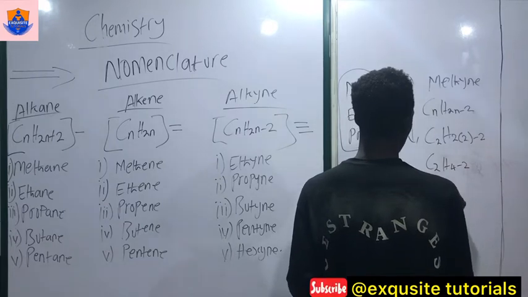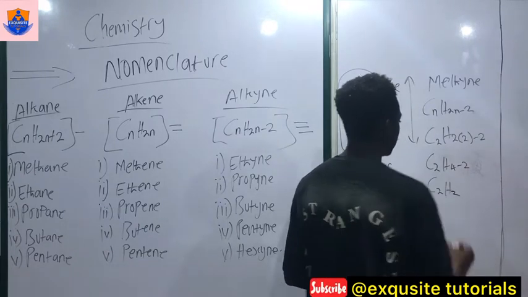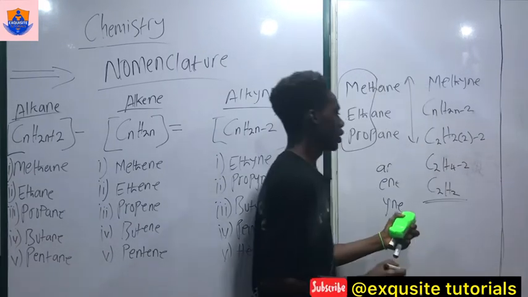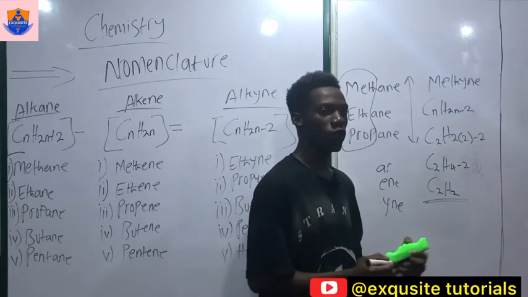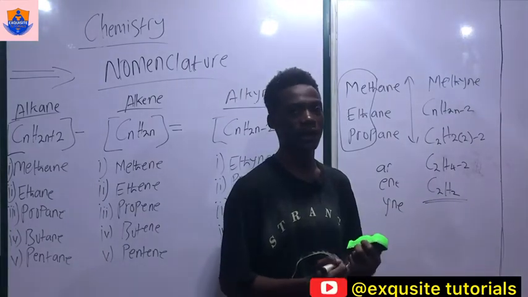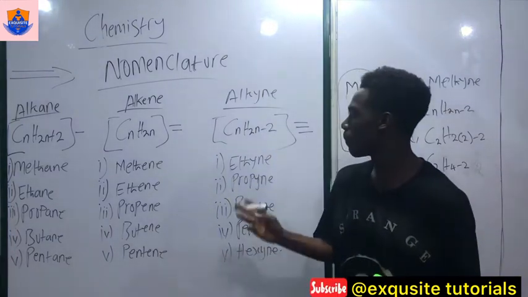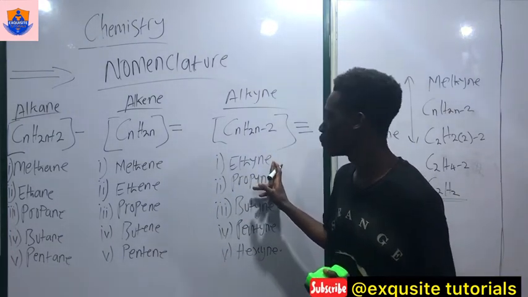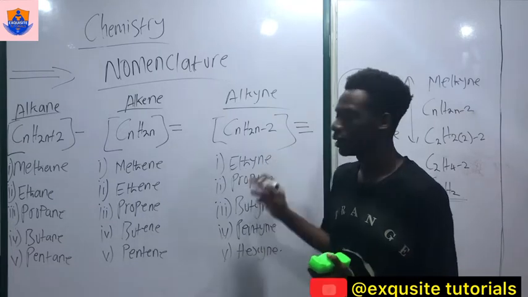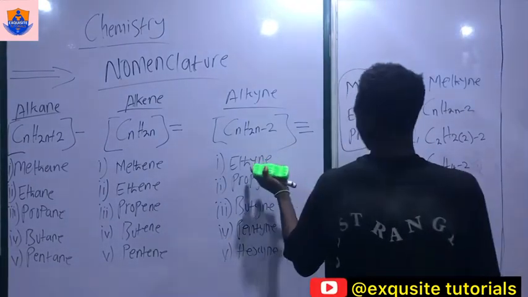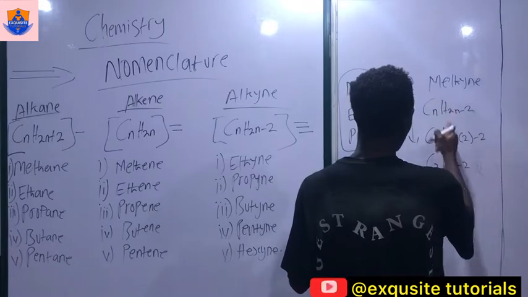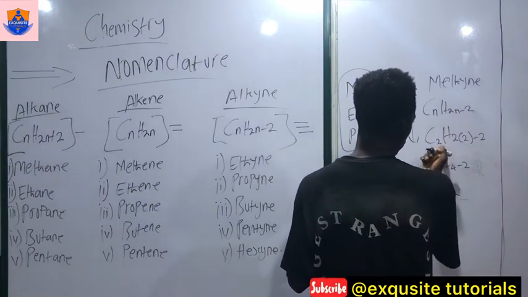We have C2H2. Now this is supposed to be the second member, but obviously it is the first member of the alkynes. Because it's the first member of the alkyne, you shouldn't place n to be 2. It is to be 1, like you are using ethane to be C1. It is used as C2.